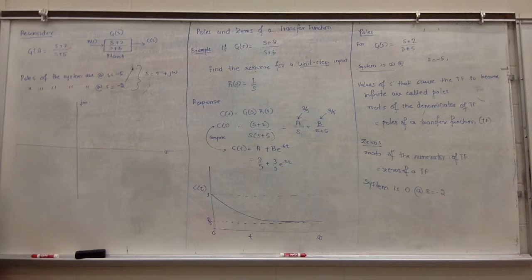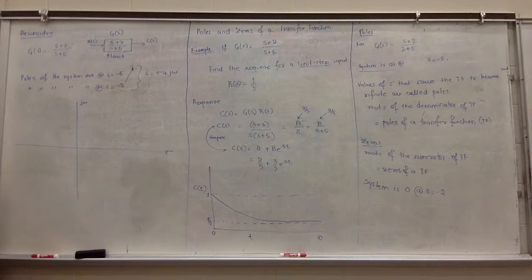Roots of the system can be real and repeated. And roots of the system can be complex. Complex will have both a real part and an imaginary part. Imaginary will have only an imaginary part.